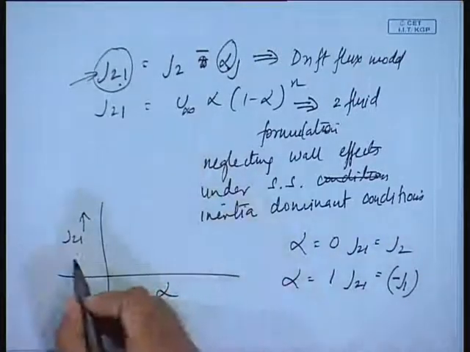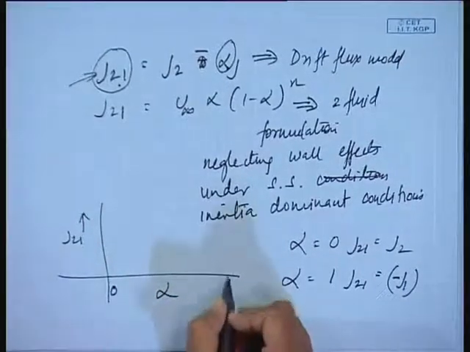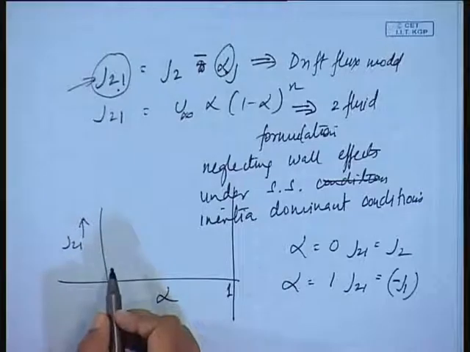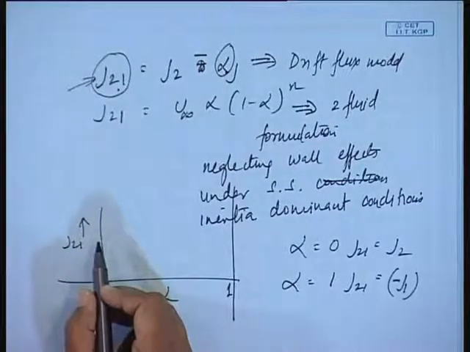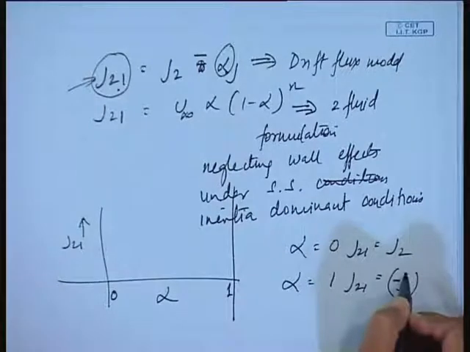So, if you plot J21 versus alpha, say from 0 to 1, you are supposed to get straight lines depending upon the magnitude of J2 and J1, depending upon the signs of J2 and minus J1. Do you understand?